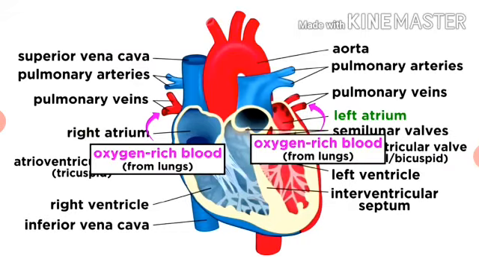For the left atrium, there are four entry veins. These are the pulmonary veins, which deliver blood from the lungs to the heart.